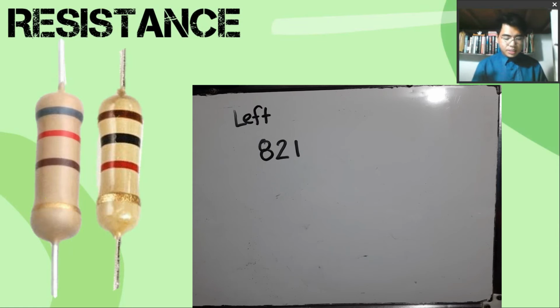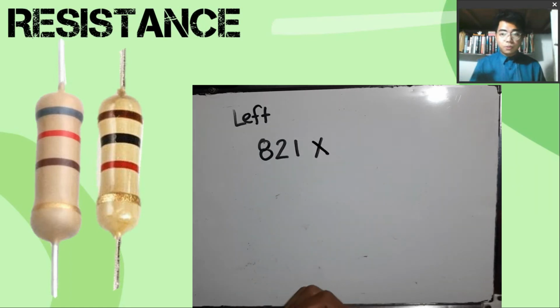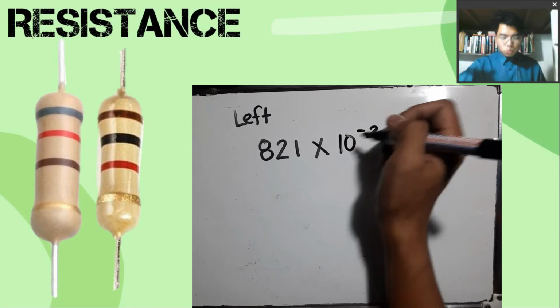So it means that our multiplier for this would be equivalent to 10 raised to negative 2, as mentioned on your module. And once again, do not worry about the module that is provided; my source for this color resistor guide is also what is being used by engineering students, specifically electrical engineering students. So it will be equivalent to 821 times 10 raised to negative 2.